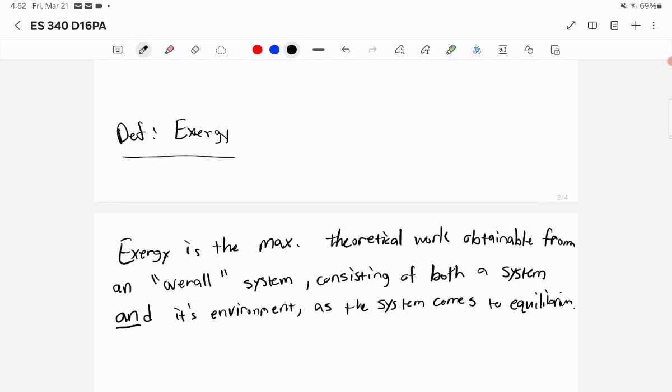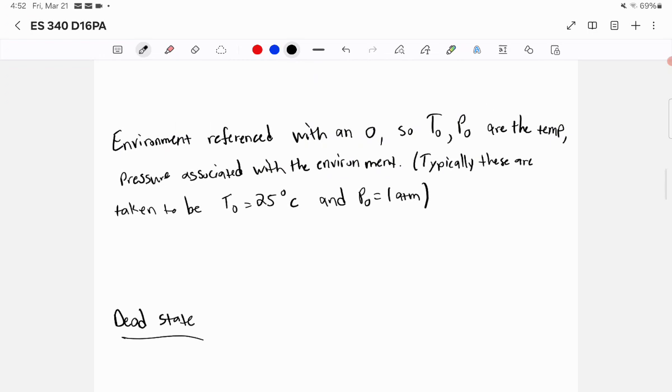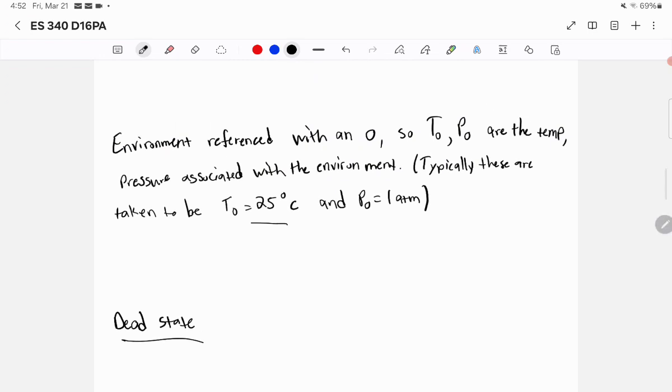Let's say 1,000 seconds later, it's reached 50 degrees Celsius. I don't know that that would be true, it's probably going to be much faster than that, but you get the idea. At that time, it has a different amount of exergy, right? Because eventually, far enough into the future, it's reached 25 degrees Celsius, which is what we're taking to be a typical dead state value.